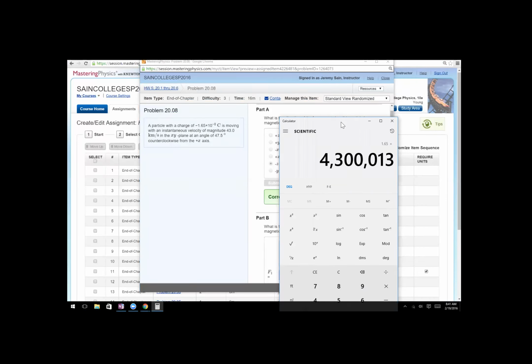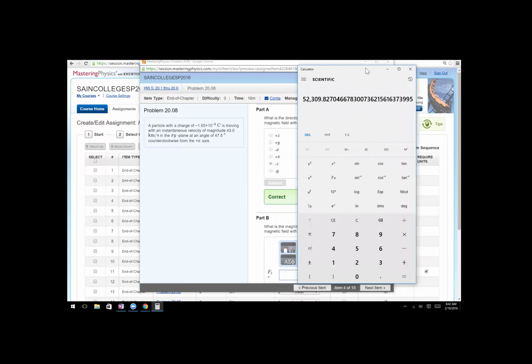Times sine of 132.5 equals 52,000 that. That's the magnitude of the force. Yeah, and they are asking for force. So 52,300.